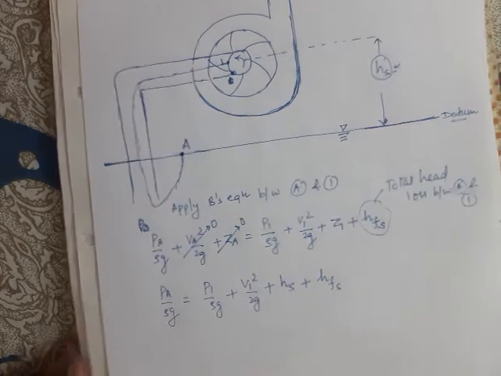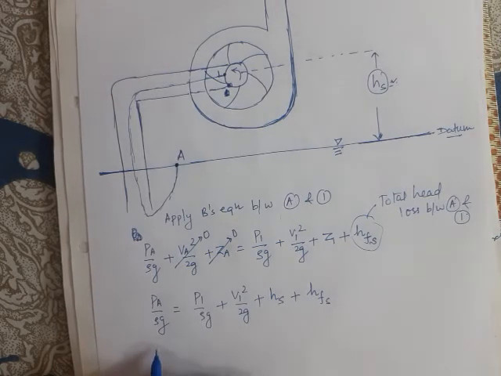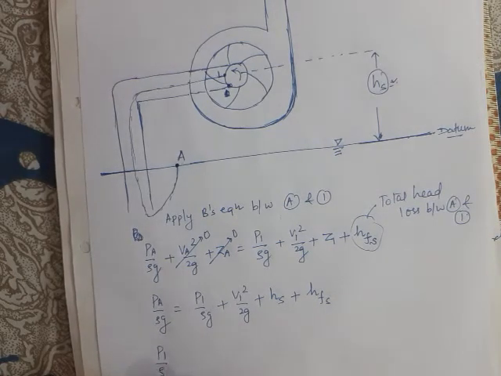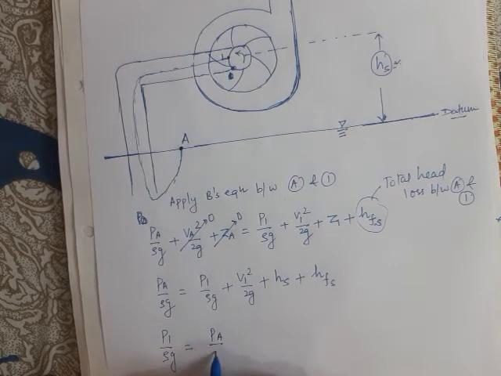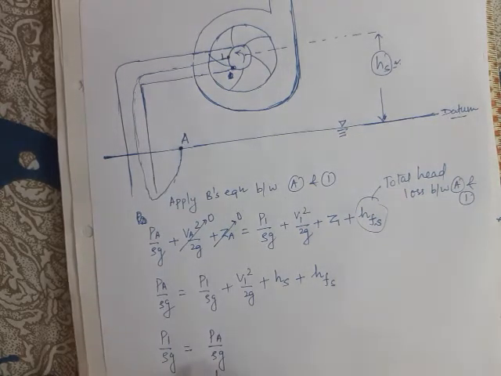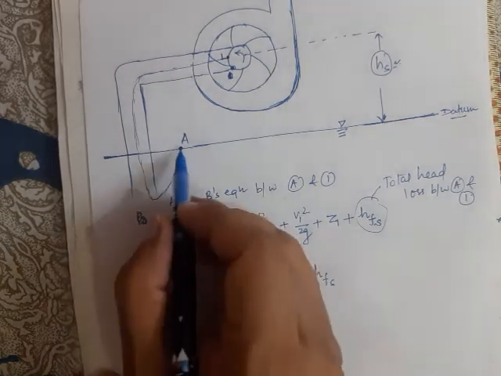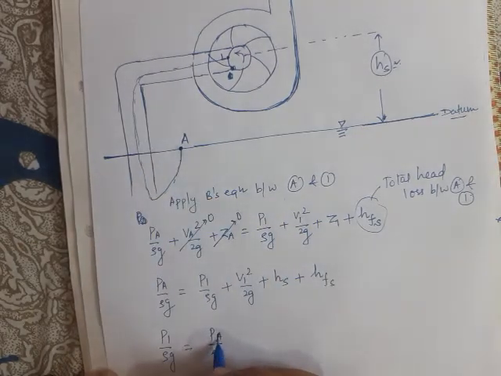Now please observe, if I am going to take the value of P1 by rho g, please note what P1 by rho g would be. The pressure head at point A is the atmospheric pressure head, so I am denoting it as PATM.